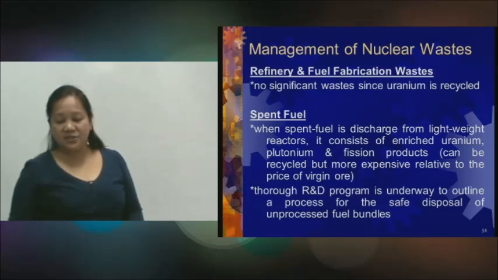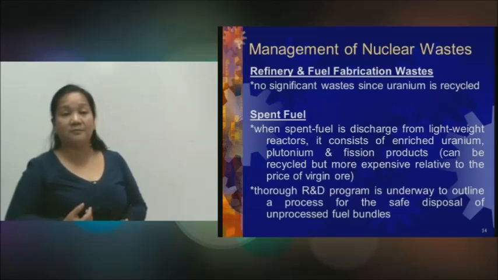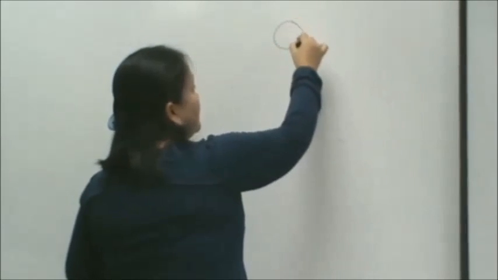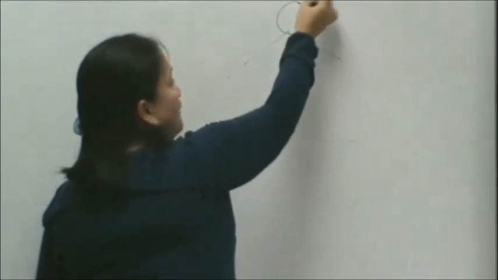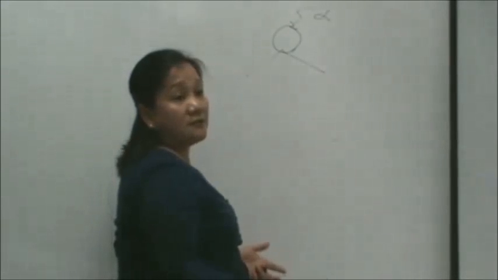So when it is discharged from light water reactors, these now contain some traces of uranium, plutonium, and fission products, because a nuclear power plant has nuclear fission as a process. Now, how do you envision how nuclear fission occurs? You have the main radioactive or the mother radioactive material, and then you just bombard it, let's say, with an alpha particle or any nuclide.